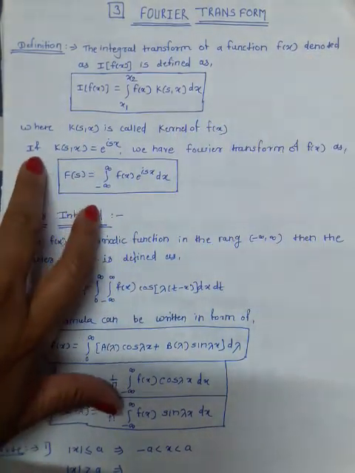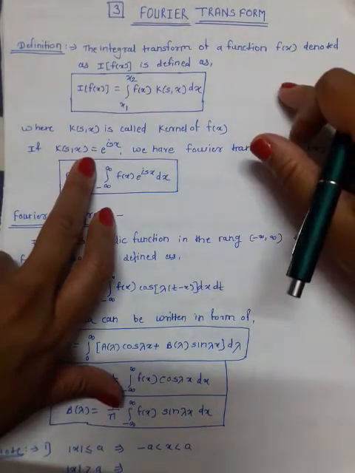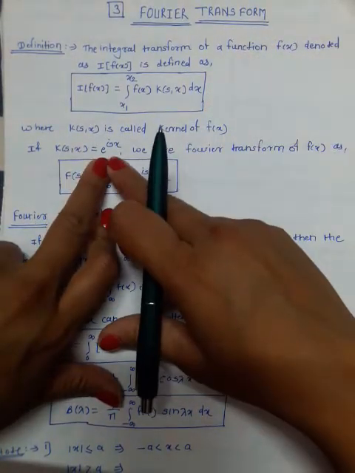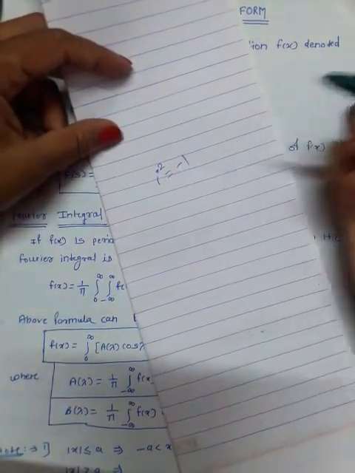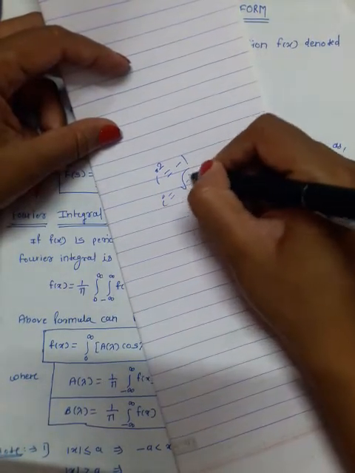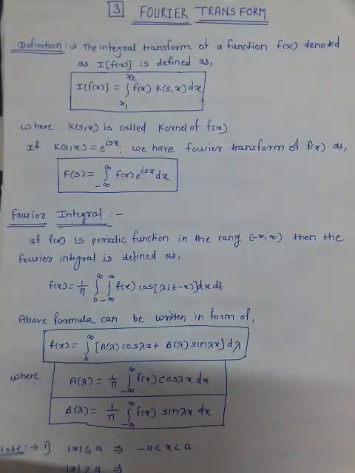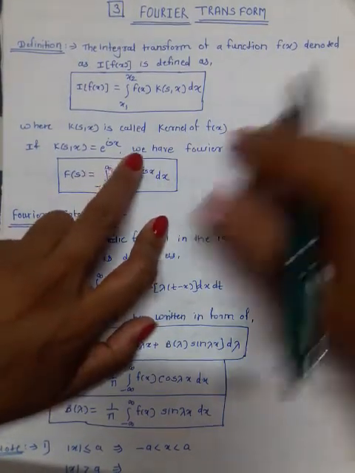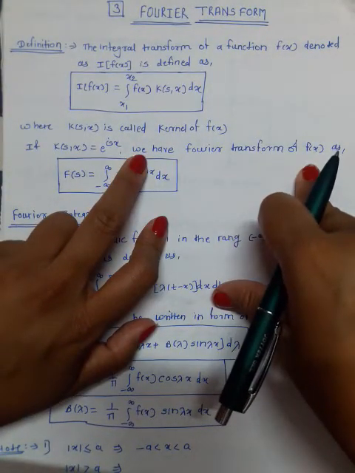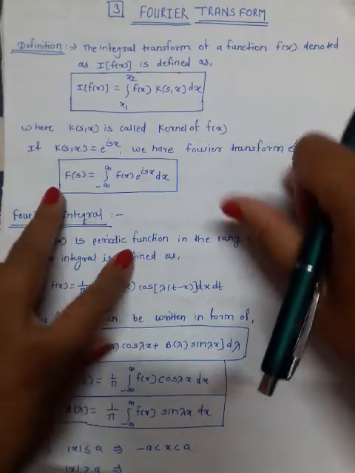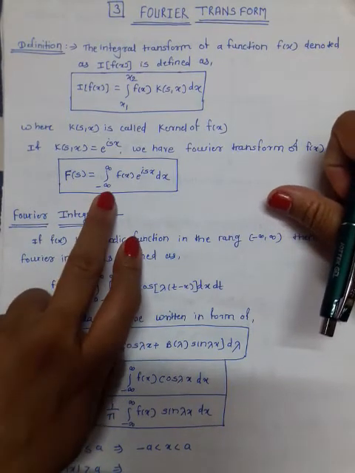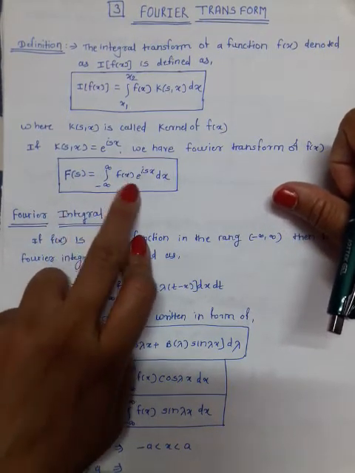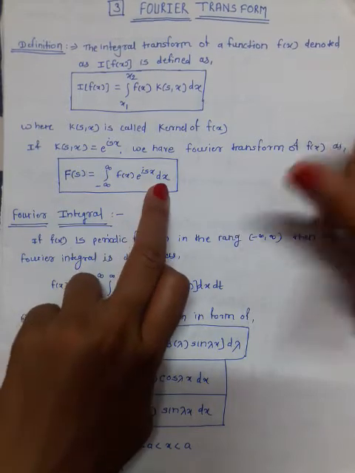Suppose in this chapter, for K(s,x) we put e raised to isx. What is i? i is the imaginary number. You know that i squared is -1, or i is the root of -1. This is a basic complex number. With e raised to isx, the Fourier transform of f(x) is given by this formula: capital F of s is equal to the integration from minus infinity to plus infinity of f(x) e raised to isx dx.